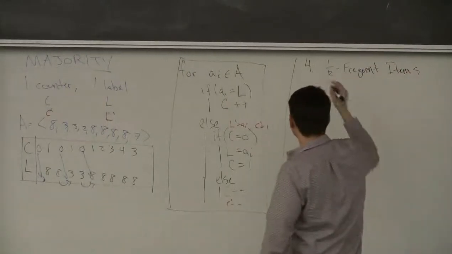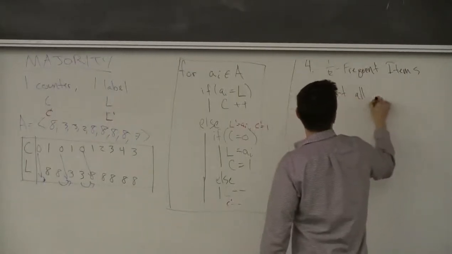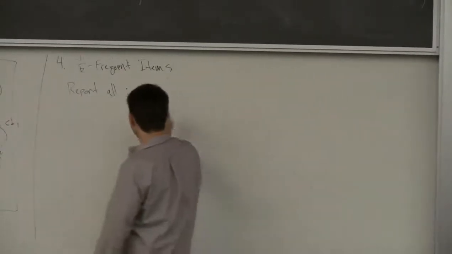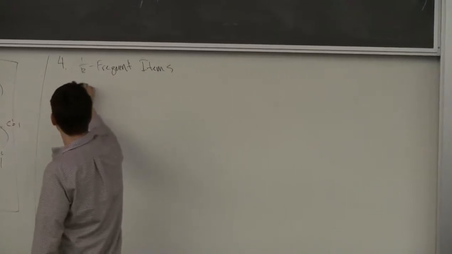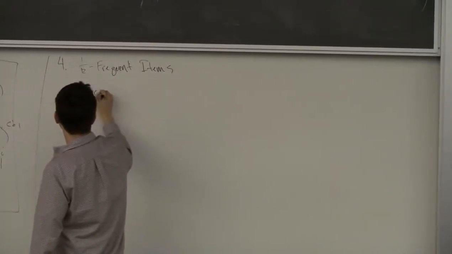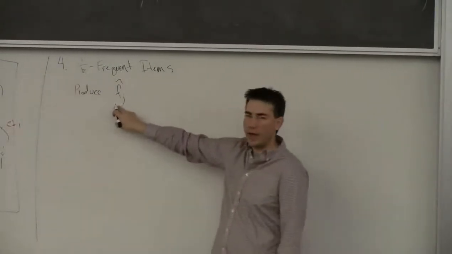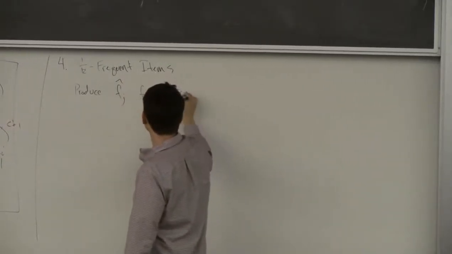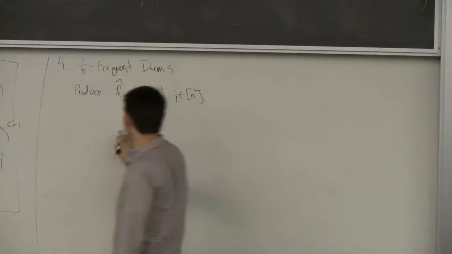So what I want to do is report all j such that, at the end, I'm going to produce this value f hat j for all j in n. And it's going to satisfy the following property.